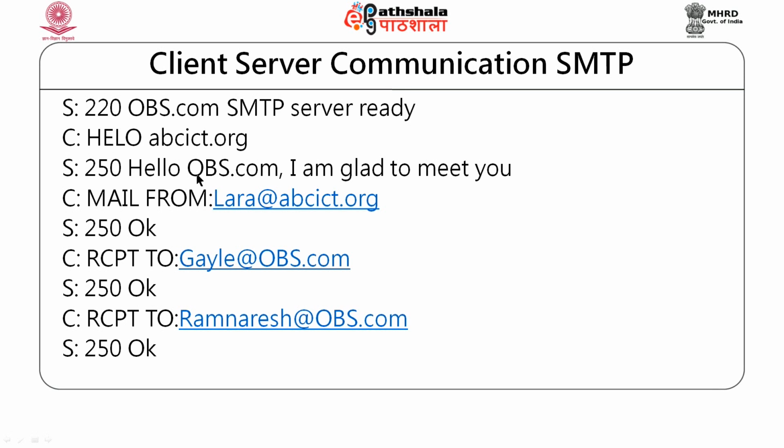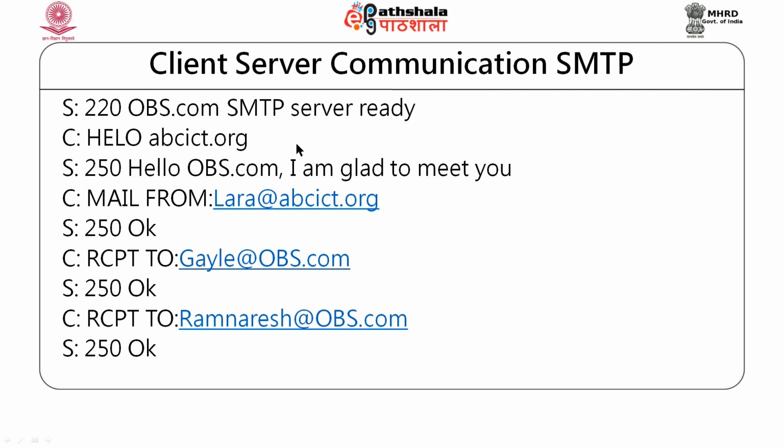Here is an example of how a client and server communicate with each other. When you see this, S indicates the server which is communicating, and C indicates the client. What does this say? 220 is a number which indicates a message for the client, and this is for us. It says obs.com, meaning I am obs.com, the SMTP server, and I am ready.